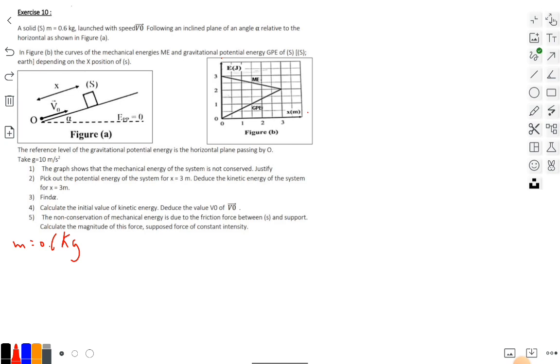The reference level of the gravitational potential energy is the horizontal plane passing by O. Take g equal 10 meter per second square.